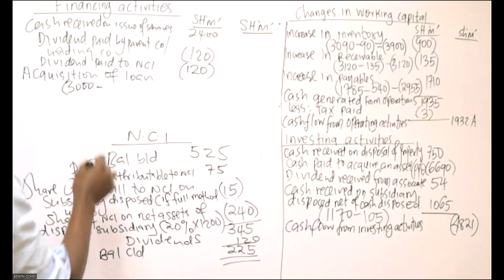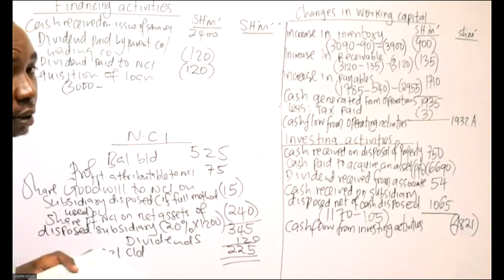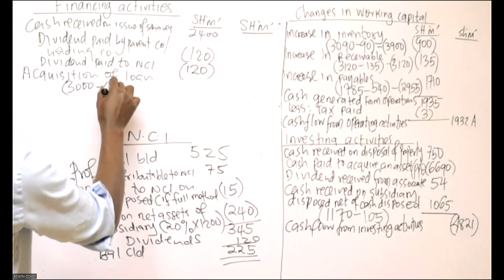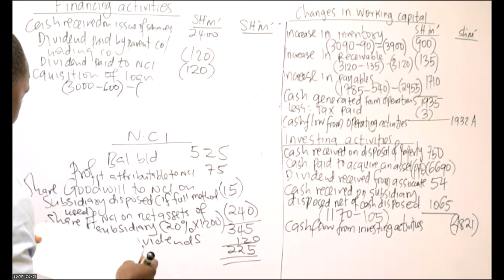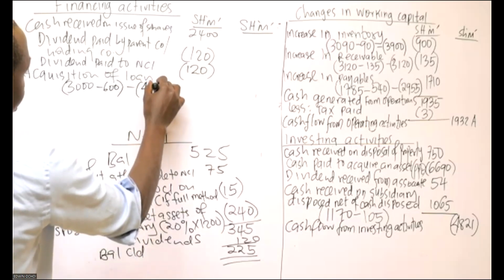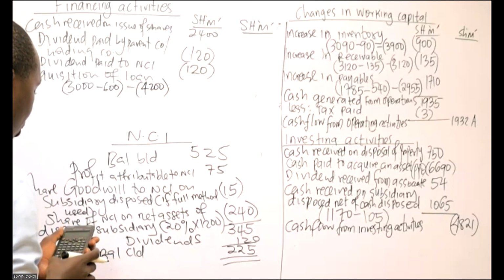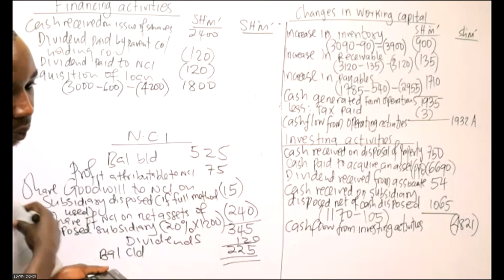I minus the loan, which is there in note 3, based on the subsidiary which was disposed. There is 600. So far we have 2,400. If I compare with my balance carried down of the bank loan, it's 4,200. So meaning that at the end it's more. That one shows they acquired another loan of 1,800. There's money in.